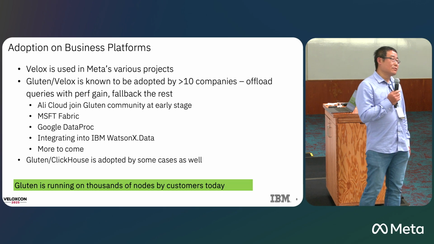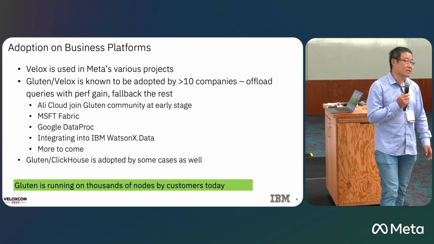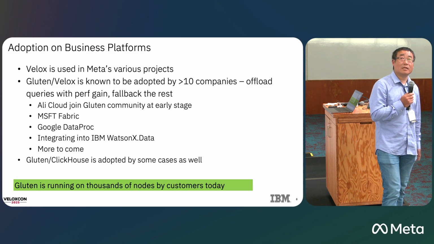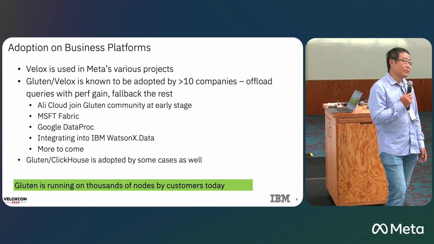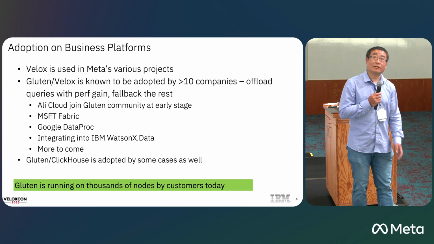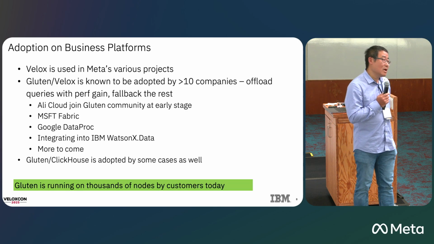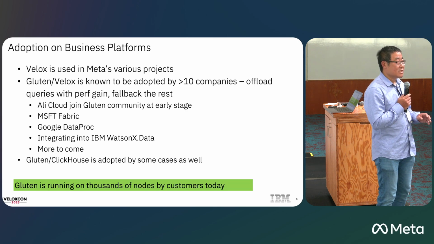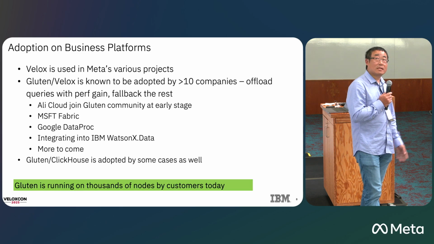Gluten and Spark can definitely run on the same cluster, so it doesn't need any extra hardware requirements. They can switch between Gluten and the Spark SQL engine seamlessly on the same cluster.